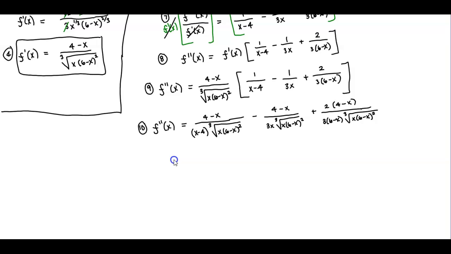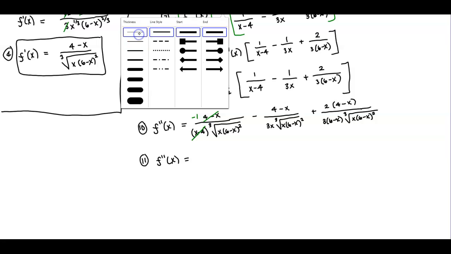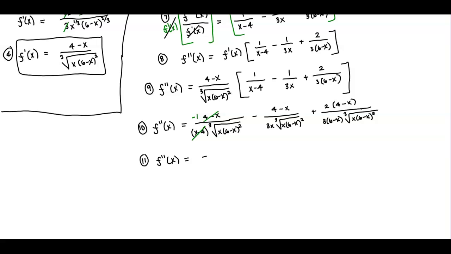Okay, so can we simplify? Well, we can definitely simplify and make this into a simpler result. If you notice here that this is x minus 4 and that's 4 minus x, which gives us negative 1. So let's write that out. We have negative 1 over the cube root of x times (6 minus x) squared.